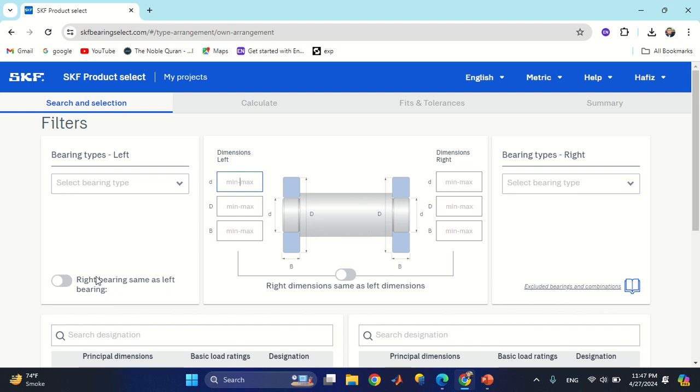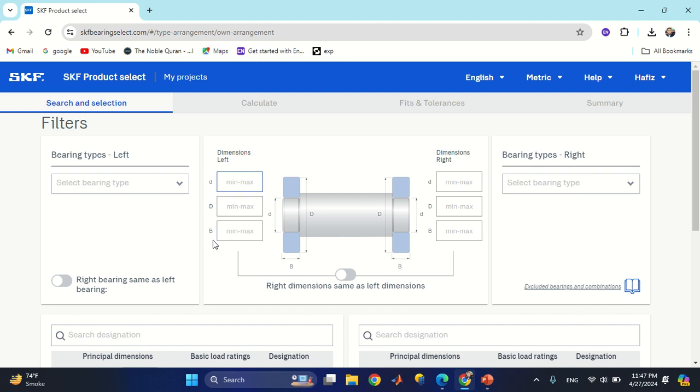And put in the values for the left dimensions. If you have the same bearings on both sides, you can select and enable this option. But in my case, both bearings are different. The left one is the deep groove bearing, and the right one is the cylindrical roller bearing.